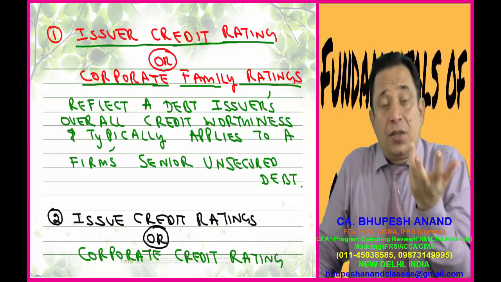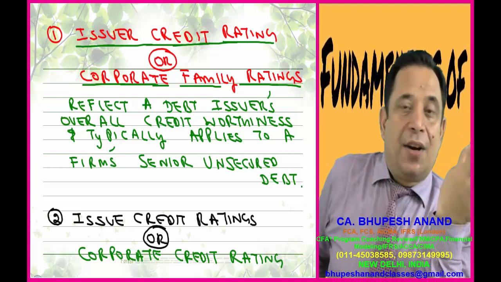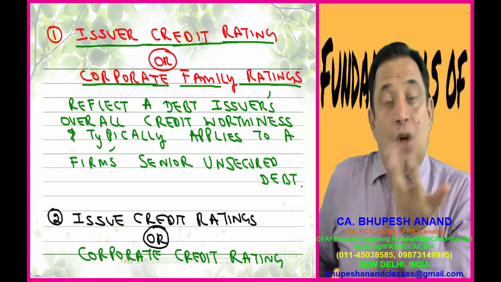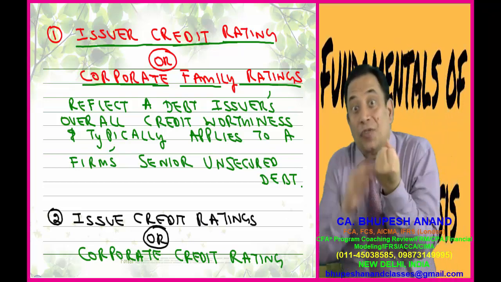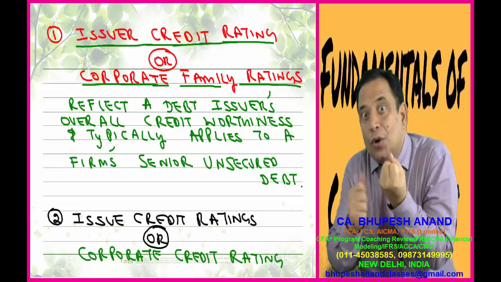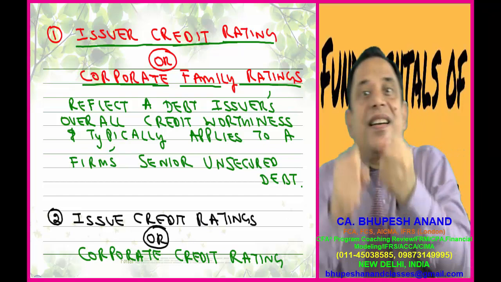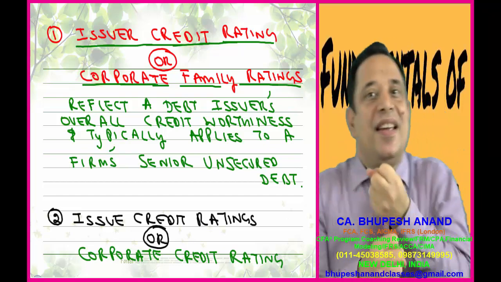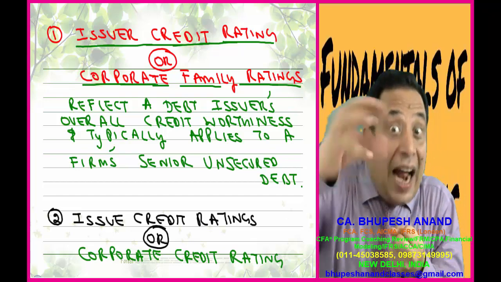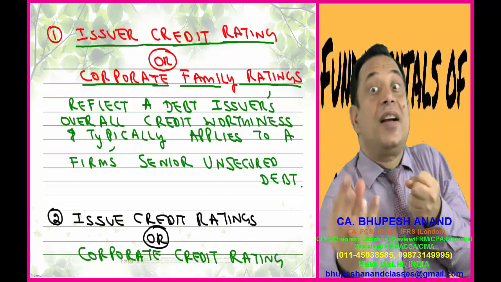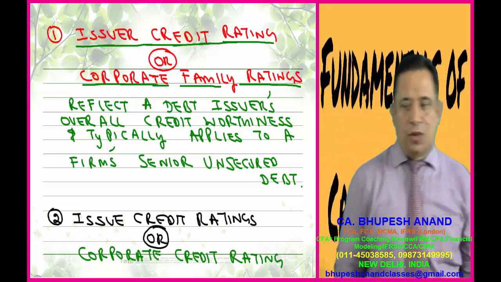Because in case of secured debt, the assets are collateral against those debts, so we mainly talk of credit rating towards unsecured debts. They are more concerned with the credit rating of a corporate entity, and then with the credit rating of an issue of that corporate entity, because an issue of the corporate entity is a baby of that. So the first point you must have written.